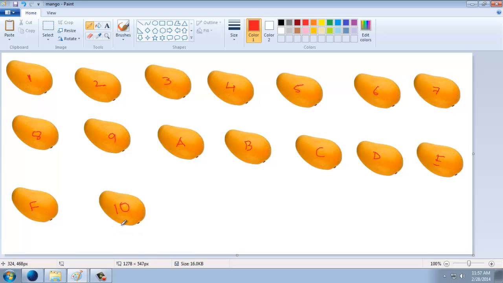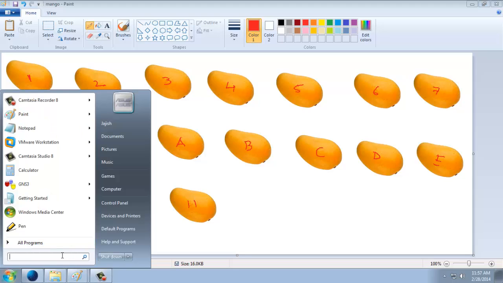So what about 17? 17 is represented by the hexadecimal number 11. Do you want to check it? Again, open the calculator.